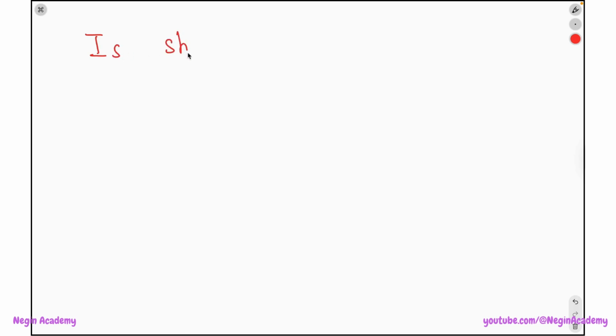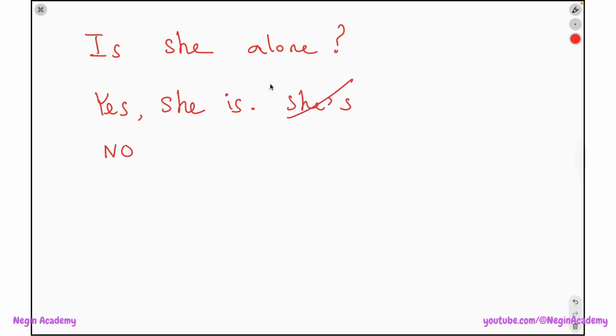Is she alone? Is she alone? We have again two options. If you want to say yes, we have to say yes, she is. We can't say yes, she's. Let me write it. This one is completely wrong because this is the short positive answer, and in short positive answers, you have to use the full form of the to be.